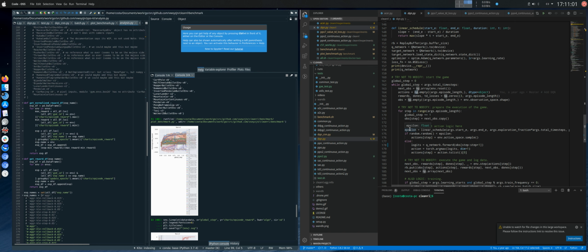But isn't it the same since we still have to copy it to the GPU? Yeah, I guess in a way, but my theory is that, for example, the observation array, right?